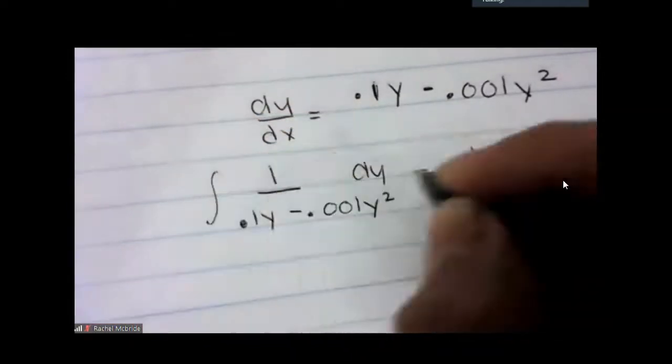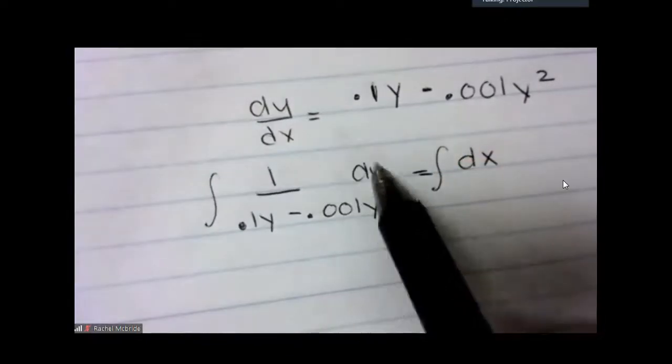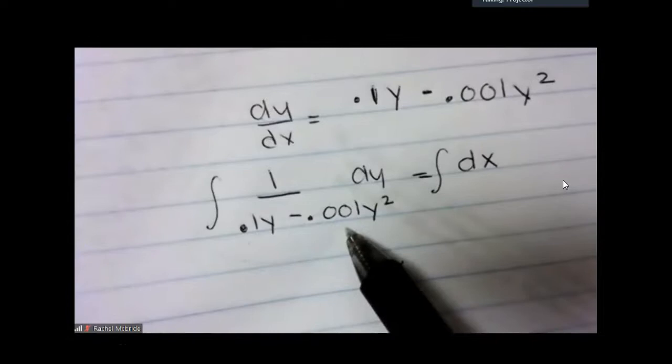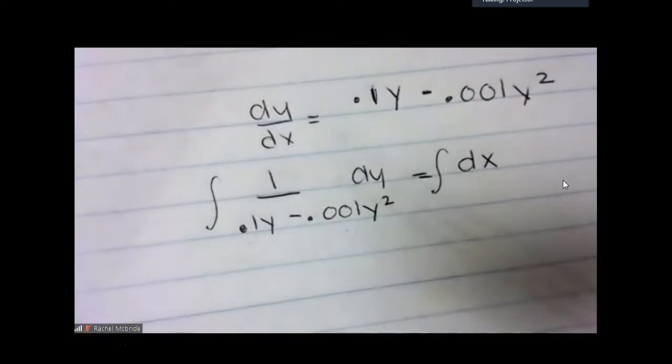And then you can integrate both sides. And the minute we have this situation here with the bottom terms being with the top terms, you know you're going to need a natural log.